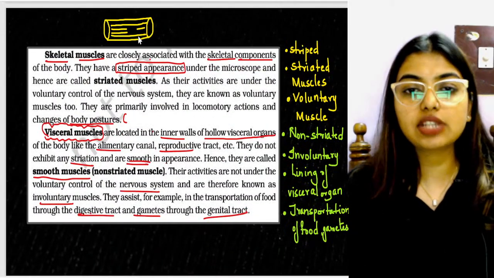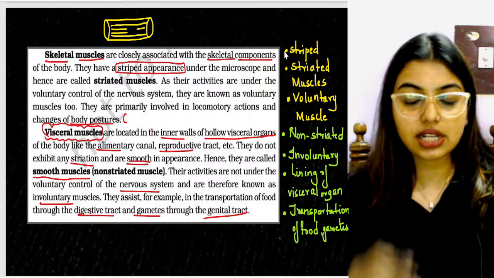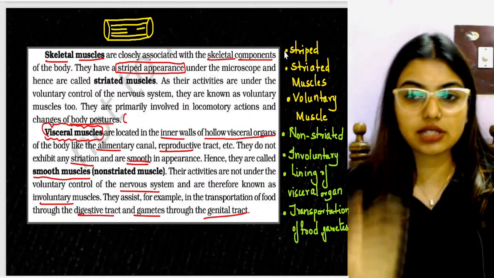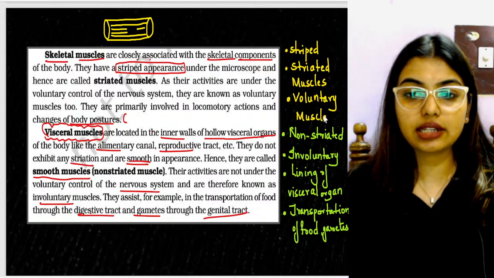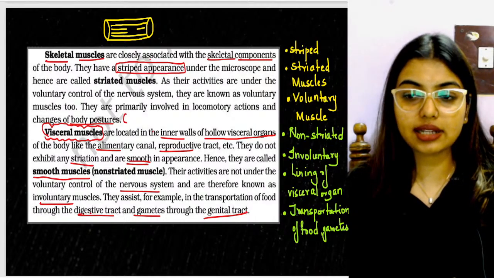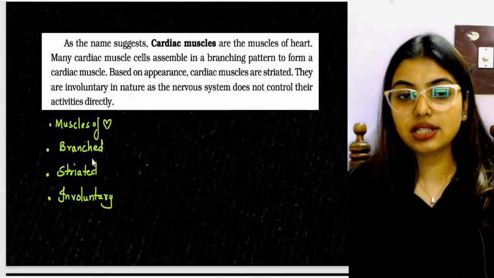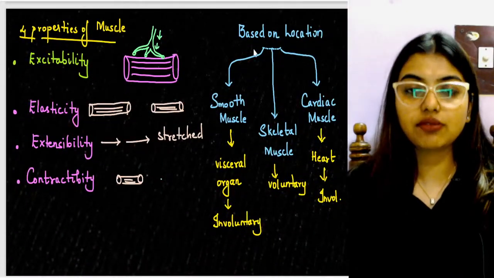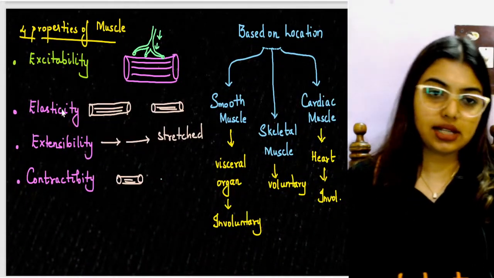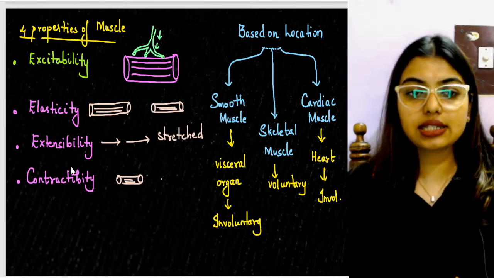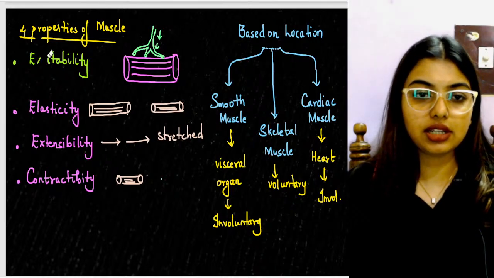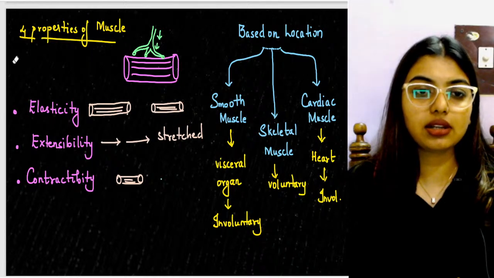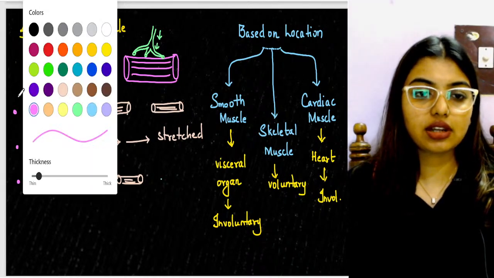Then students, based on the location, we have 3 types of muscles. That is going to be a skeletal muscle, cardiac muscle and smooth muscle. So skeletal muscle characteristics is here, smooth muscle characteristic is here, and cardiac muscle characteristic is here. Then here I have written the 4 properties of muscle, and based on location how they are categorized. Excitability, elasticity, extensibility and contractibility. I think students will think that this is some other point by itself if I change the color.